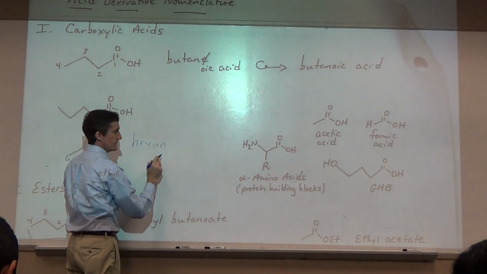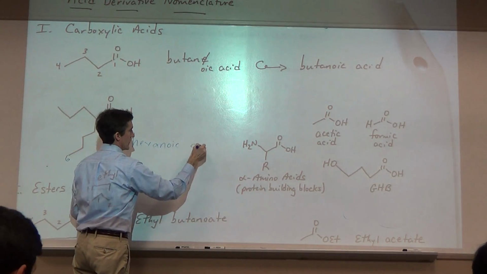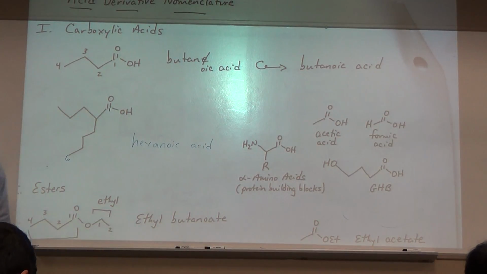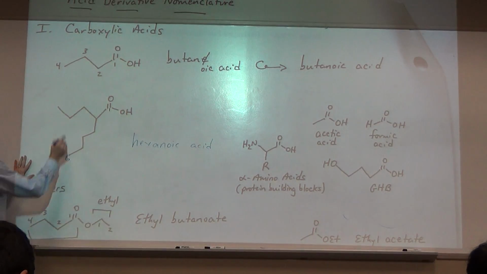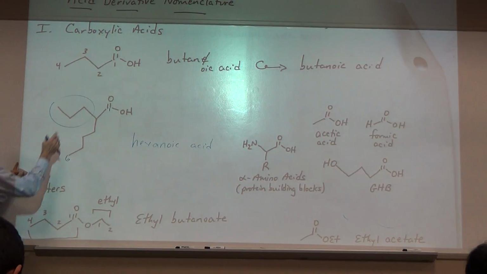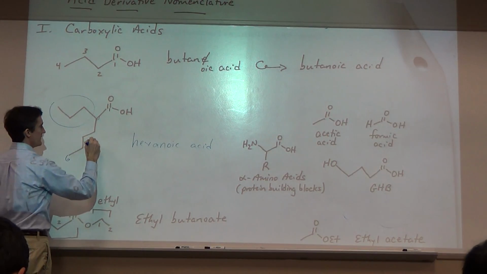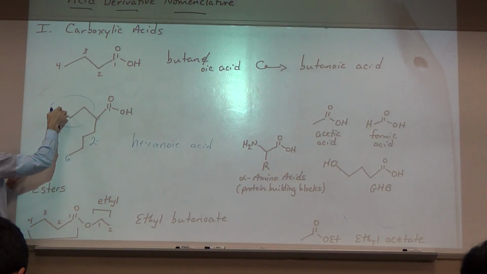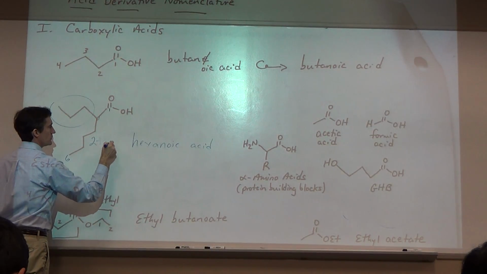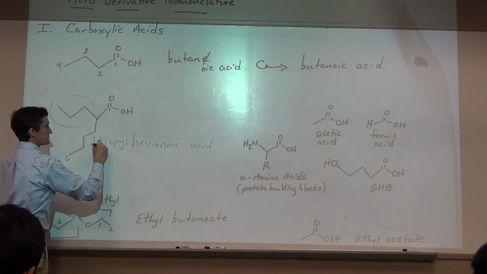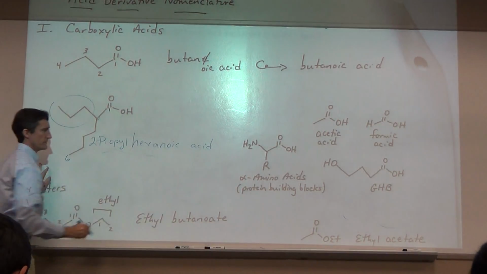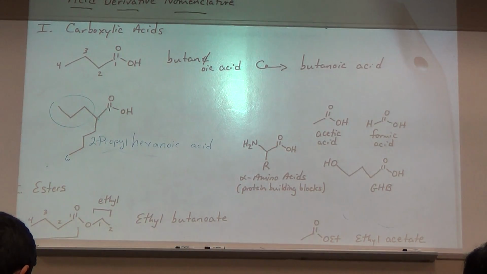Remove the E. Hexanoic acid. But what's on the hexanoic acid? This group is at what position? The 2 position. So we have a 2 what? 2-propyl. It's all one word. 2-propylhexanoic acid.